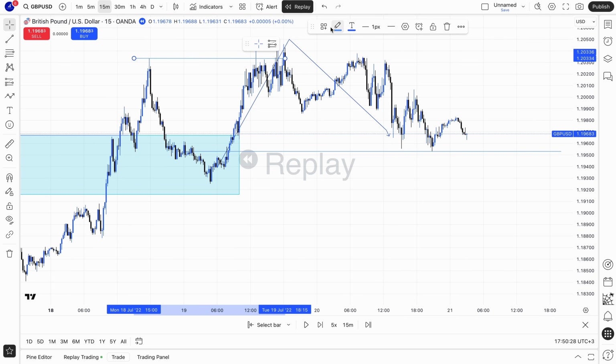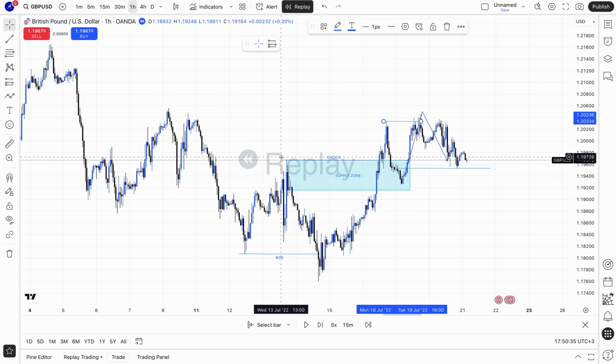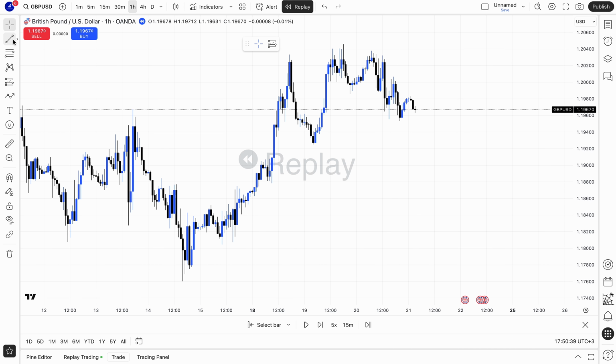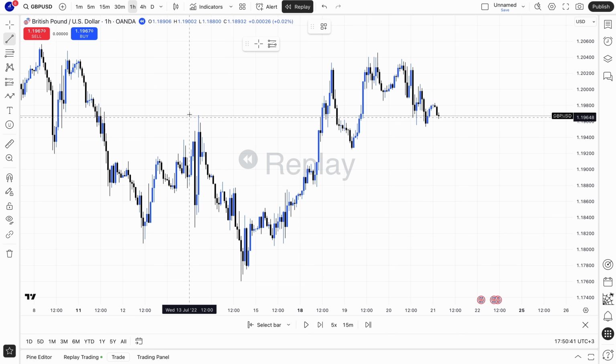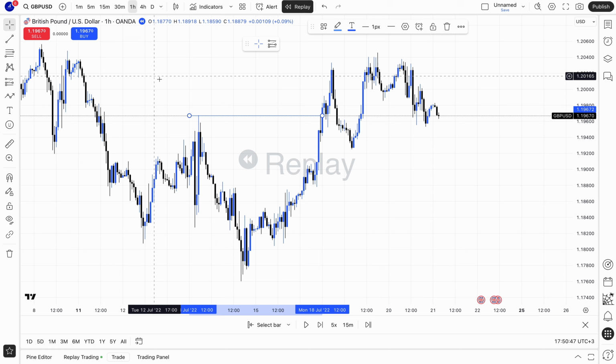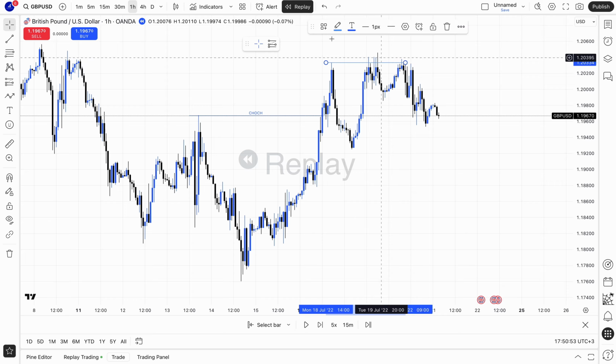So you have a breakout structure to the upside. I think it's external. Yeah, it's external structure. No, it's internal, external structure.